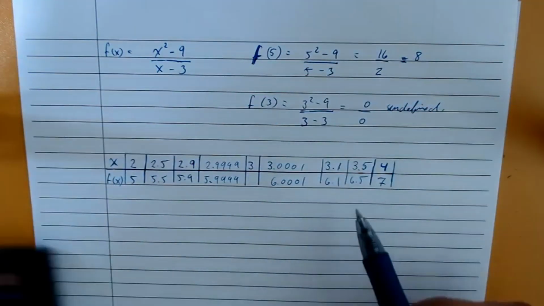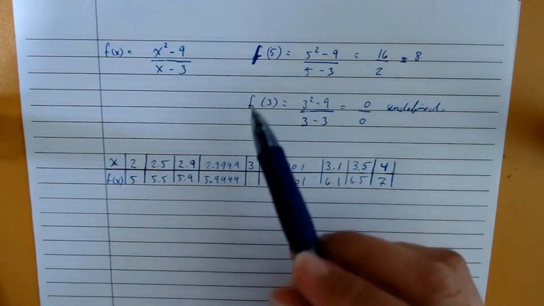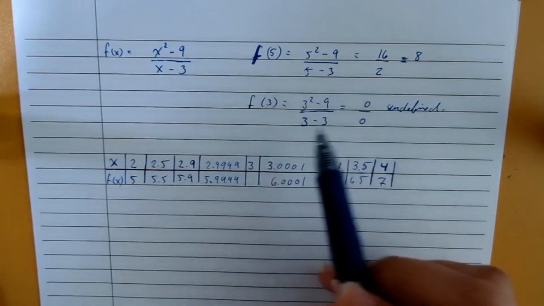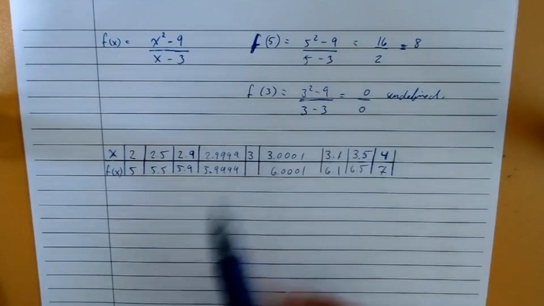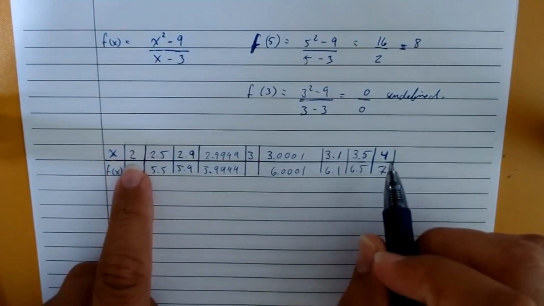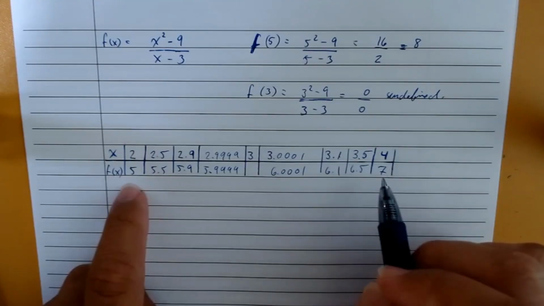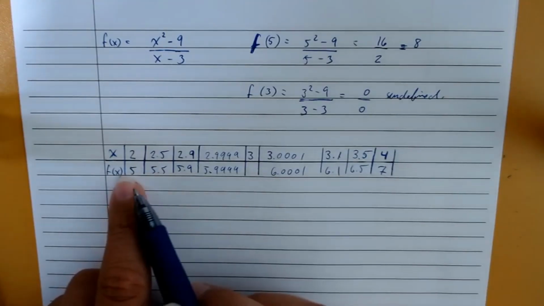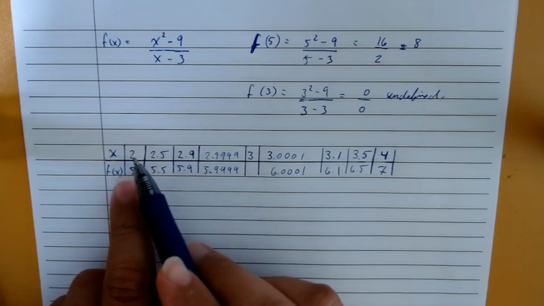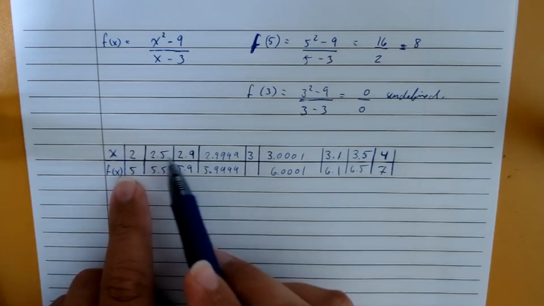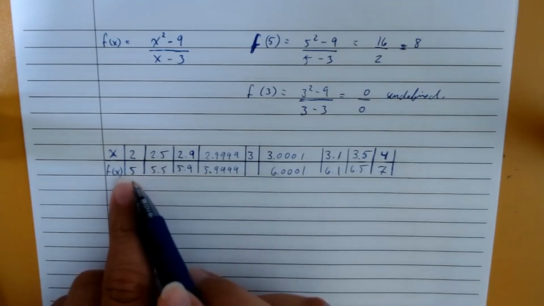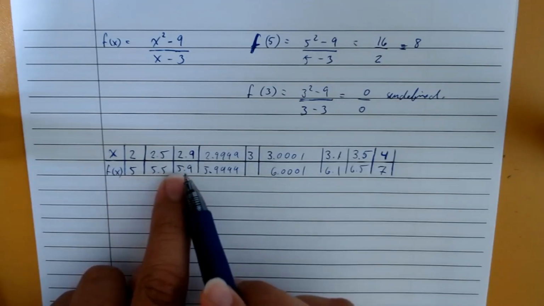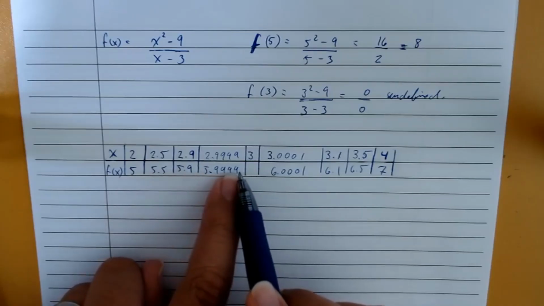Okay. Notice that I never actually plugged in the number 3 because, as I've established and stated multiple times, I can't. But look what happens as I plug numbers in that are close to 3. Notice what happens to these y values as my x value goes from 2 and gets closer and closer to 3. Well, 5, 5.5, 5.9, 5.9999.